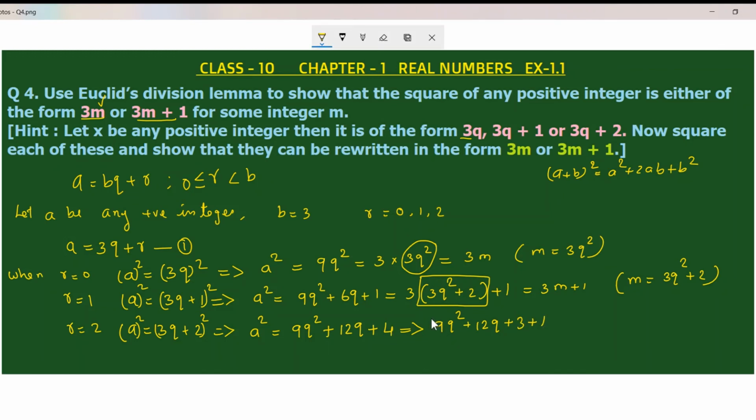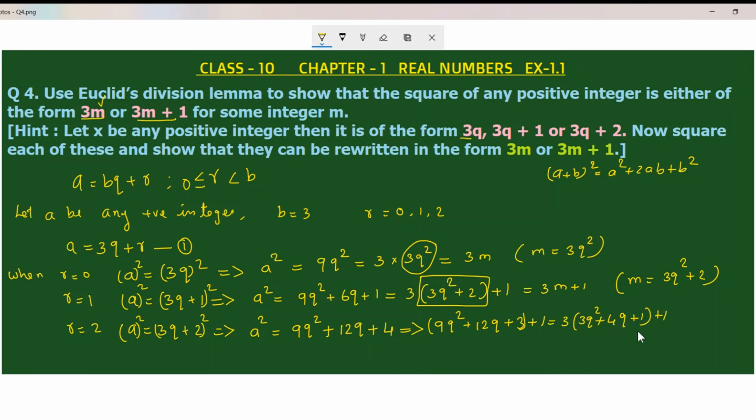Now you can group the first 3 terms, and see, in the first 3 terms 3 is common. So if you take 3 outside, what you will get? We have taken only 3 from each term, so remaining is 3q square plus 4q plus 1, and this plus 1.